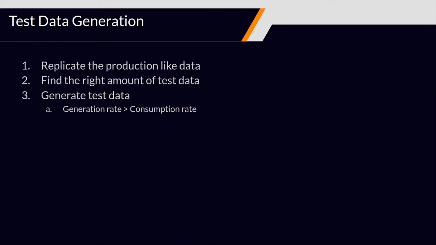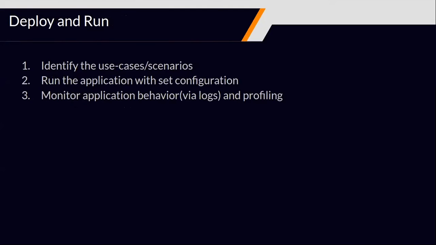But later on, we'll have multiple iterations where we increase the rate of generation of our test data, so that the lack of speed in our generation of test data is not the cause of the slow performance of our application, which is very crucial and is overlooked a lot.